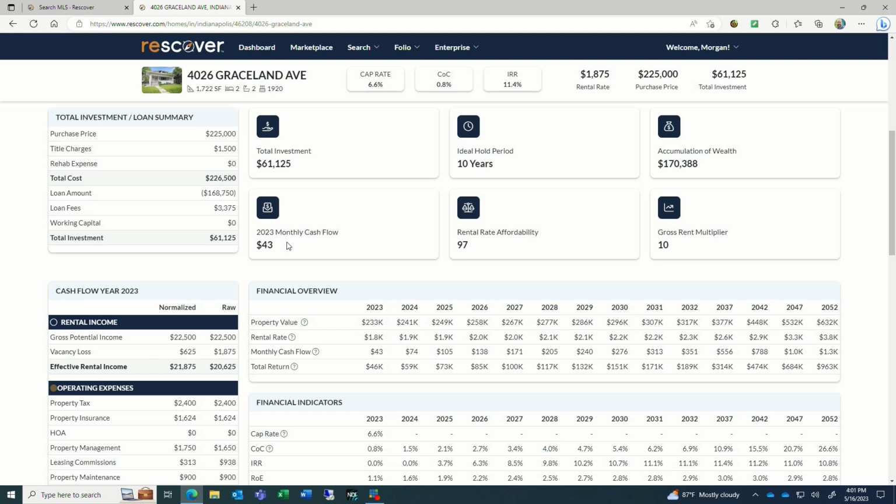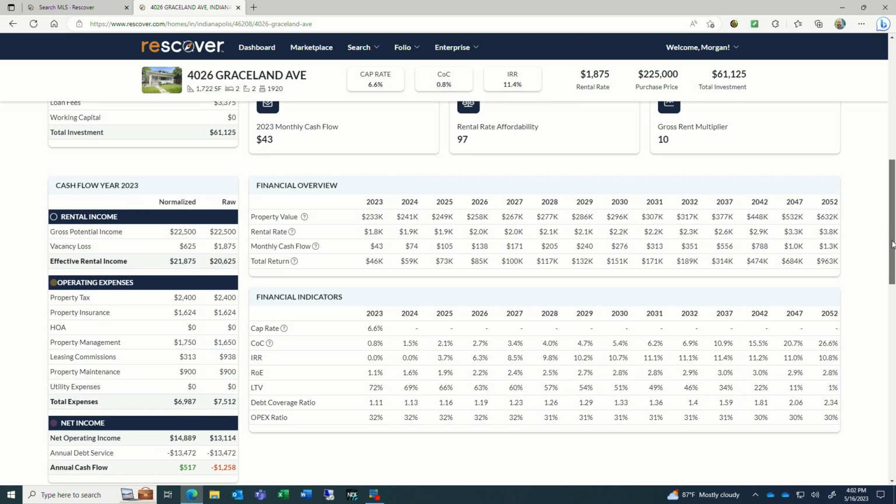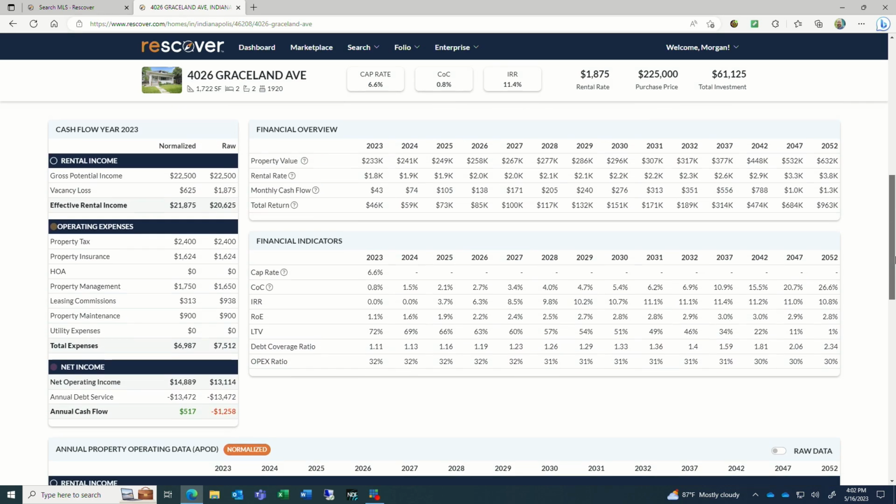You might even have two houses that are very close to each other, and one of them has an HOA or a mandatory lawn care or something else, and the other one doesn't. The gross rent multiplier is only on the income side, and it's kind of a tough one. So it's there. It's a 10 on this house.